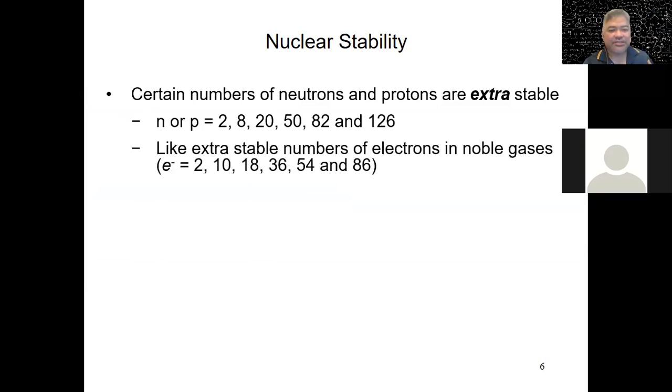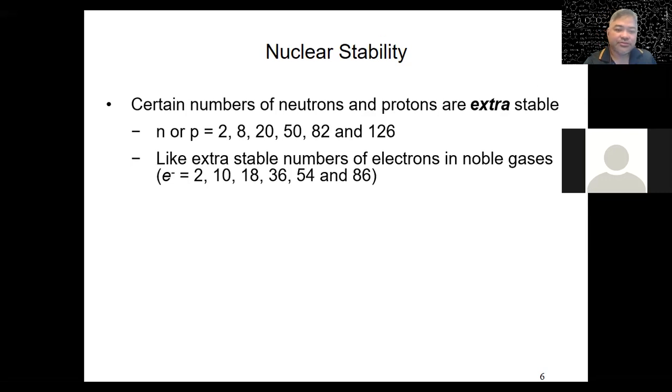It's just similar to the extra stable number of electrons in the noble gases. So if we're going to look at stability here, you can take note of the following observations with regard to subatomic particles and how they affect stability.